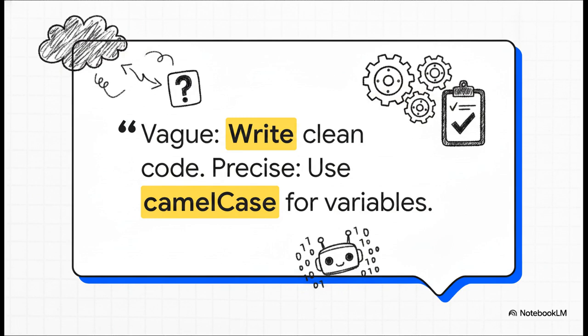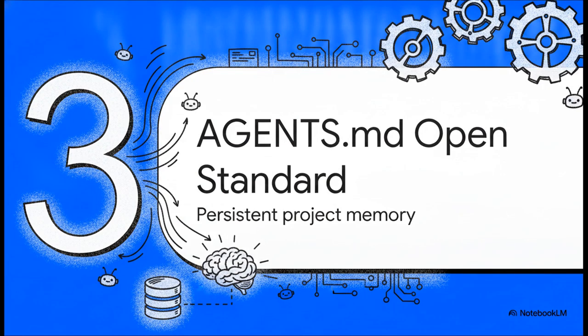You have to be precise. You need to tell it things like, use camel case for variables and Pascal case for React components. By articulating your implicit team standards into specific, deterministic rules, you're going to save yourself countless hours of frustrating code review headaches down the line. Trust me on this.